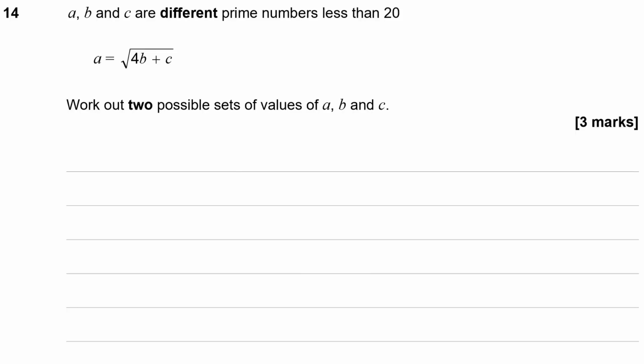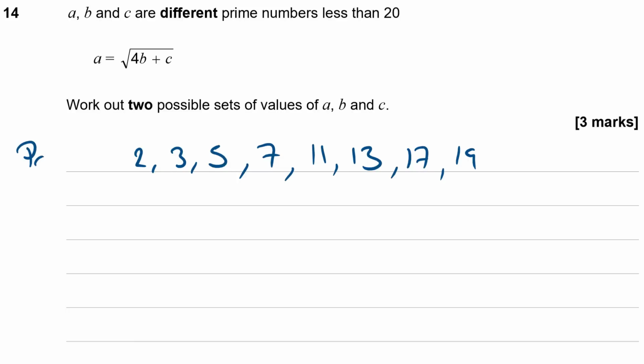Let's first write down what all the primes are less than 20. The smallest prime number is 2. Then 3, 5, 7, not 9, 11, 13, not 15, 17, and 19. So I've got 1, 2, 3, 4, 5, 6, 7, 8 to choose from. So these are my primes.